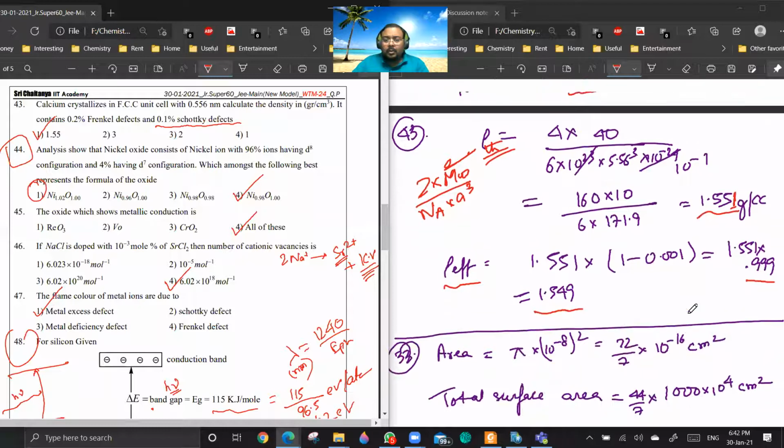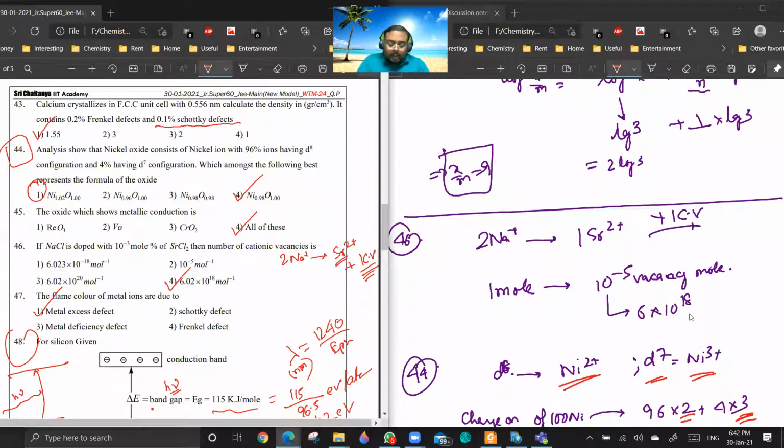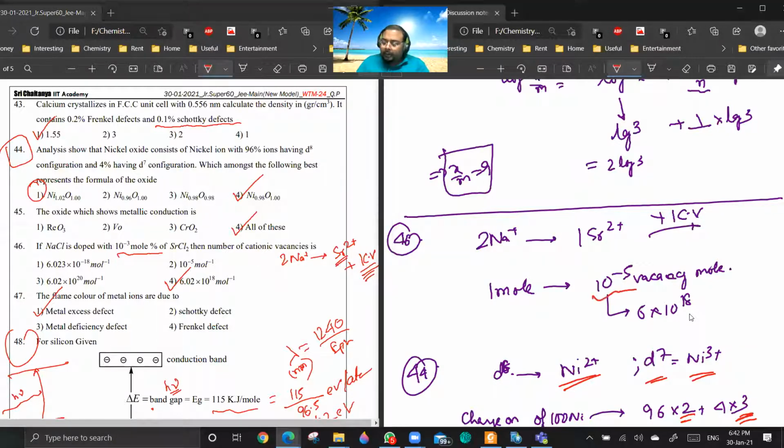Yes, sir. Now you see, it is saying 10 to the minus 3 mole percent. Now, wherever you use percent, you just multiply by 10 to the minus 2. So it means 1 mole of crystal contains 10 to the minus 5 moles of cationic vacancies. Are you getting a point?